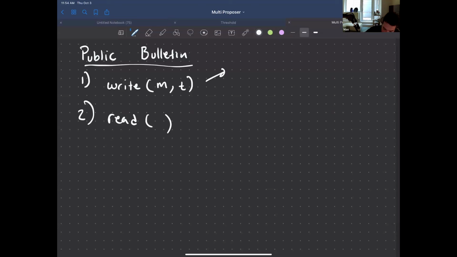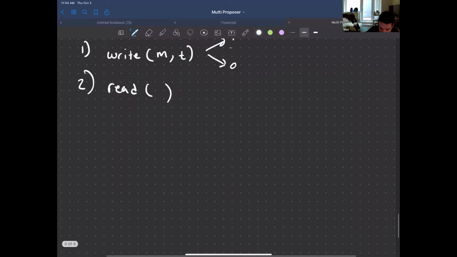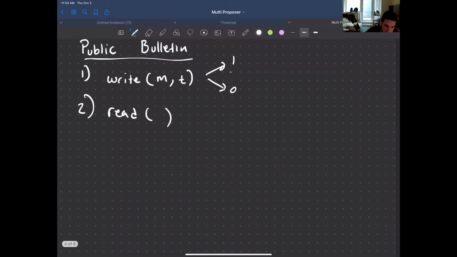This write operation can either succeed or it can fail. And in particular, it can fail if the adversary wants to make it fail for a price. And that price is going to depend on T. The read operation always succeeds and it returns everything that's been successfully written. So now we can define the censorship resistance of a public bulletin board.